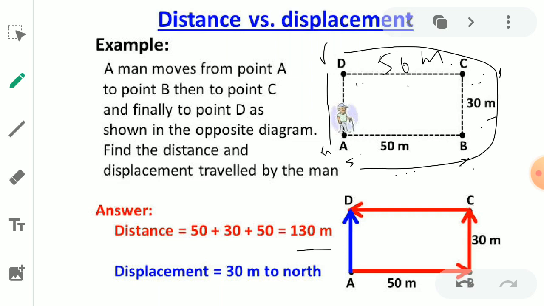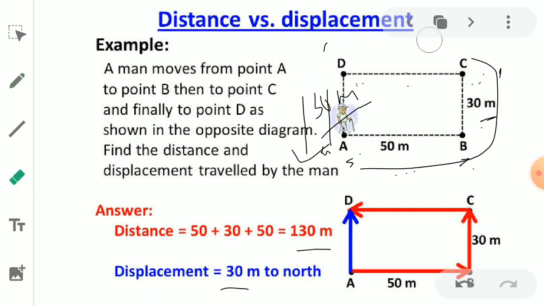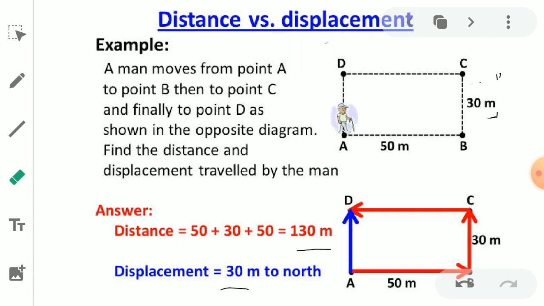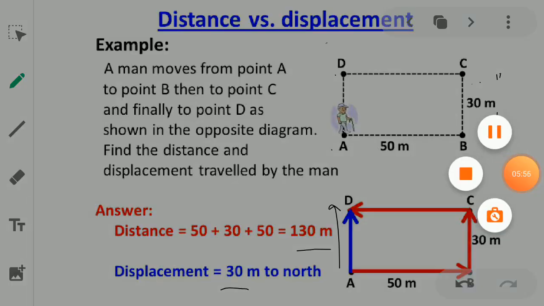The shortest distance will be 30 meter only, 30 meter to the north, because it is moving from D to A. Okay, so this is the displacement in which we have to show the magnitude as well as the direction. You can understand with the help of this that here it is moving from A to D. So the shortest distance, or the straight path which joins the initial position to the final position, defines the displacement.